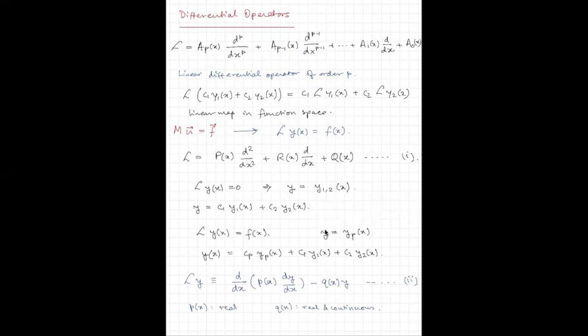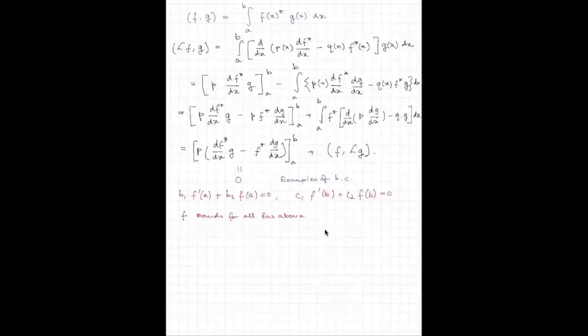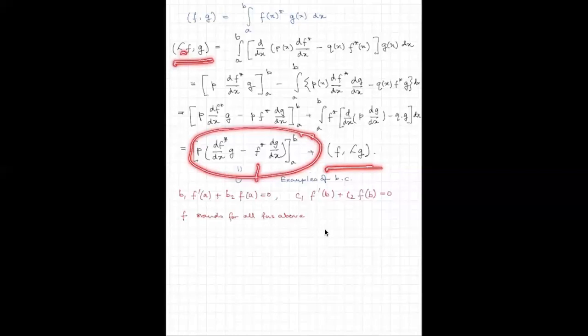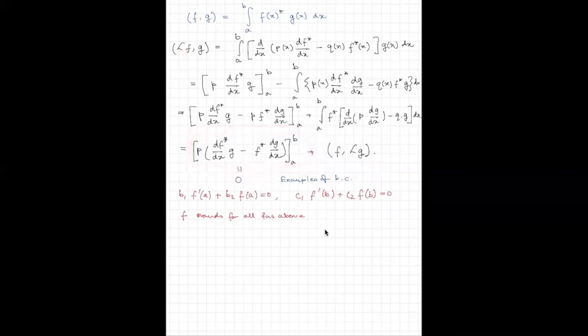We have written L in a form like this so that we can show it is self-adjoint when we are looking at a particular boundary condition. When our solutions have a particular set of boundary conditions, we can employ methods very similar to what we had earlier.